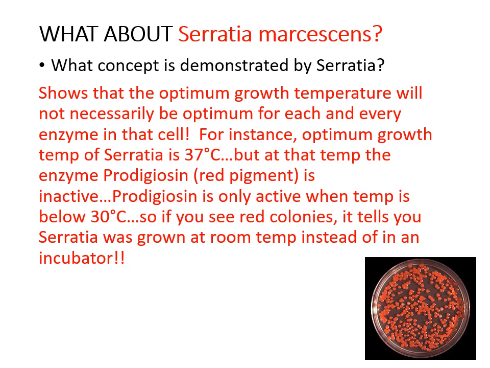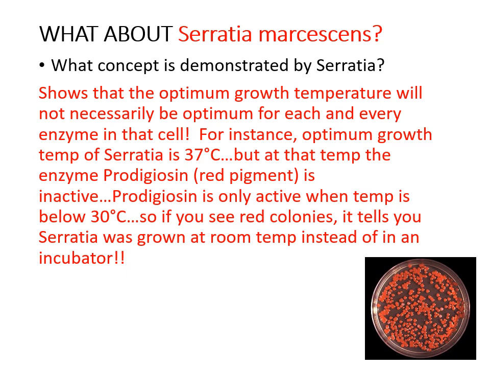But at that optimum temperature of 37 degrees Celsius, the enzyme prodigiosin, which gives red pigment to cells, won't be active. It'll be inactive at that high of a temperature. Prodigiosin is only active when the temperature is below 30 degrees Celsius. So here you see that disconnect between optimal growth temperature and a specific enzyme's optimal temperature.